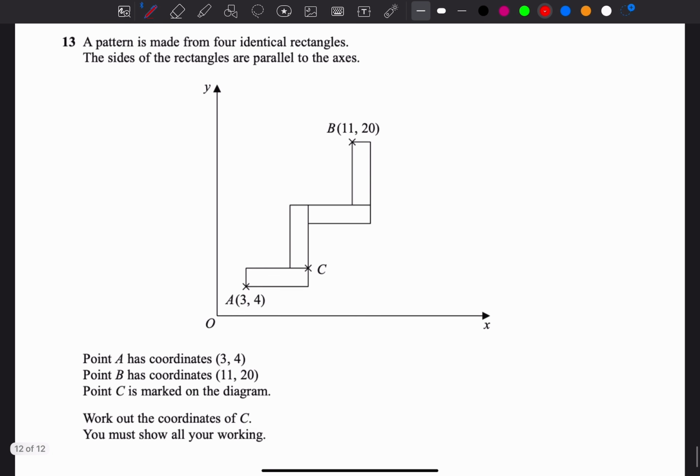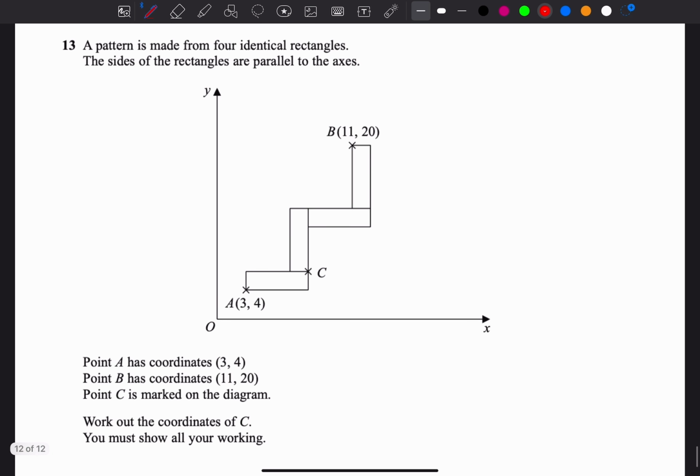Next one. Okay, this one instead of a square now is a rectangle. So this is actually a simultaneous equation. How do we know it's a simultaneous equation? We will call this length and this width. This number is 3. This number is 4. This number is 20 I think, and if you go down up to here is 11.